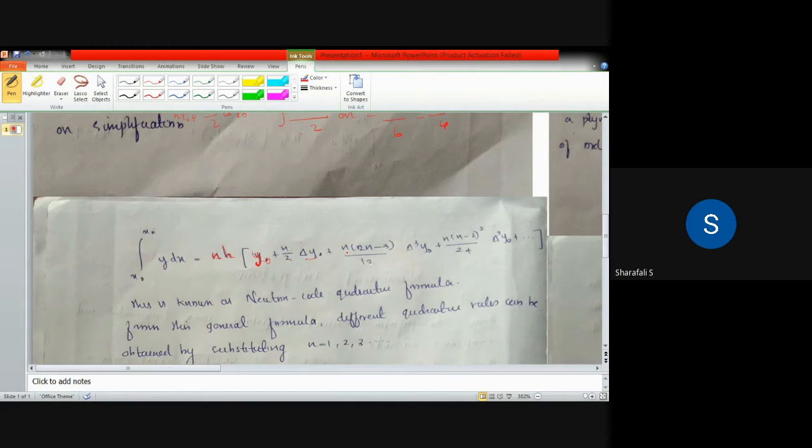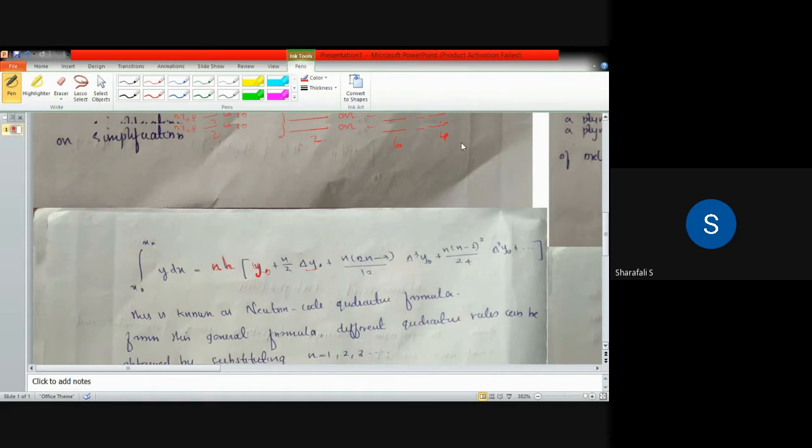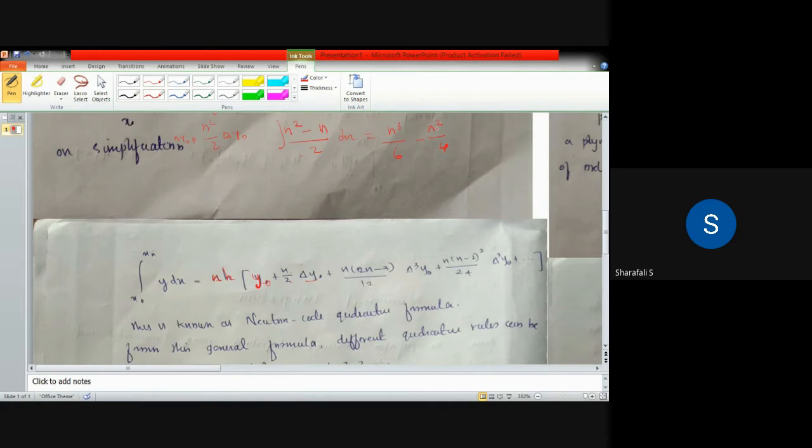So if you simplify this, you can directly get this is nothing but n cube by 6 minus n square by 4. If you simplify, you can do that. So this is 2 times n cube, minus this one is 3 times n square.